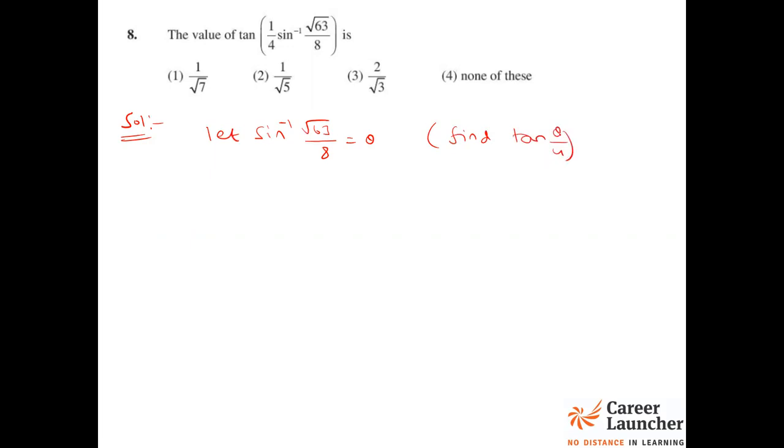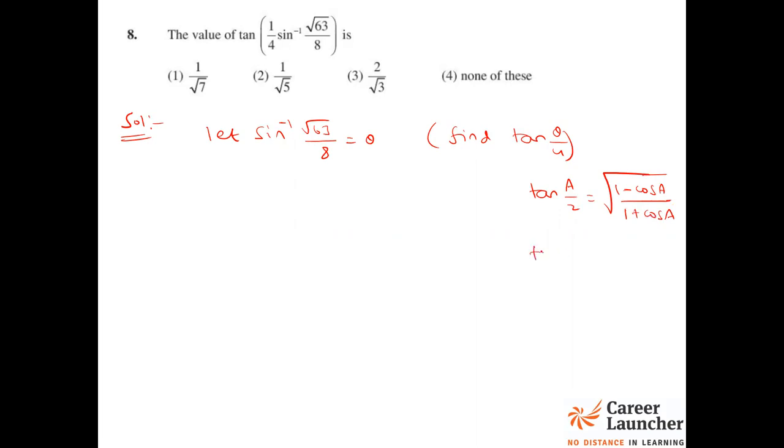For that, we have a formula for tan a by 2. We can use the formula for tan a by 2 as root of 1 minus cos a upon 1 plus cos a.